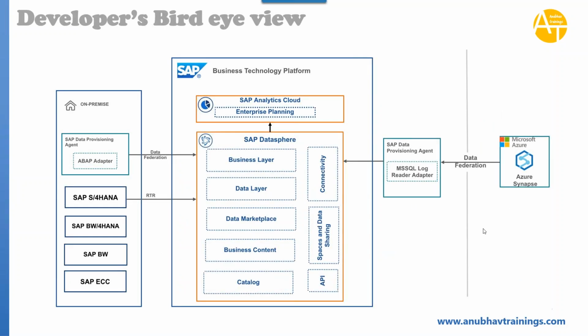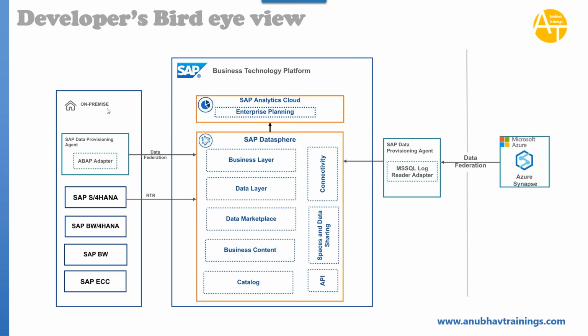Now, let's look at the developer's view, or the bird's eye view. When we go deep inside it, how do you actually develop? When you want to start using the Datasphere solution, what is the traditional approach a developer would take to develop the objects in Datasphere?